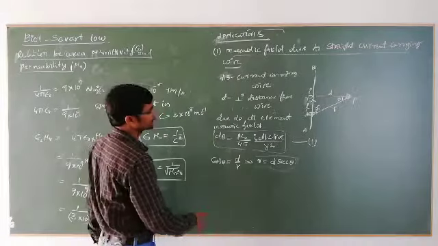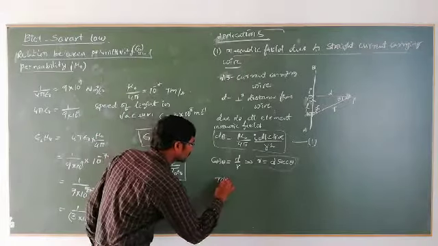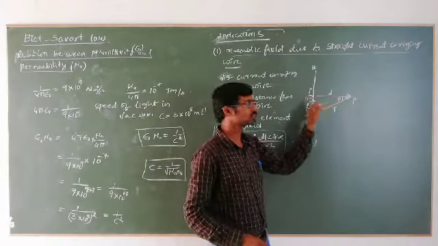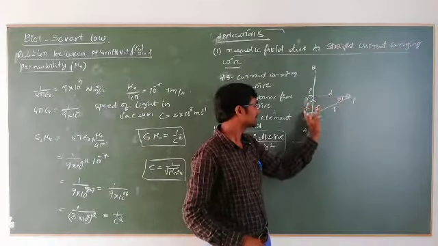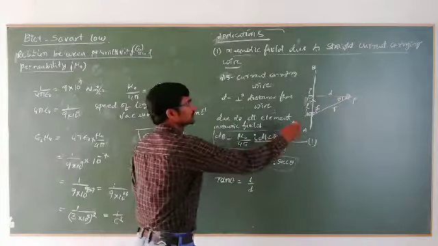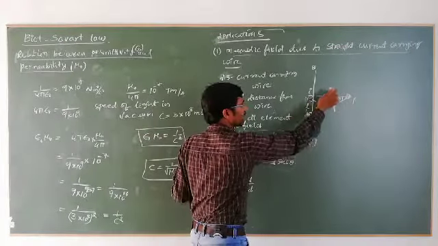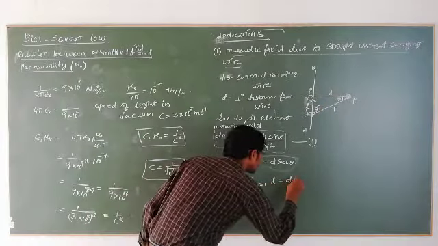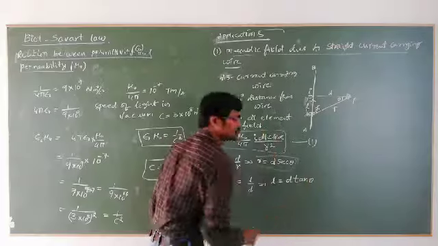Similarly, let me write what is tan theta. Tan theta is opposite by adjacent, L by D. Then what is the L value here? L is equal to D tan theta.